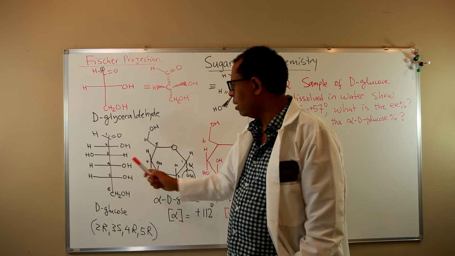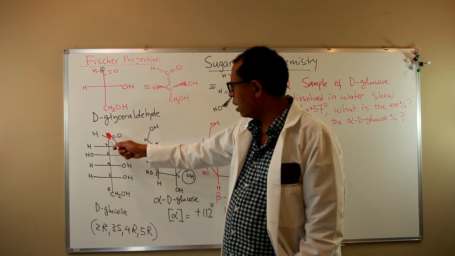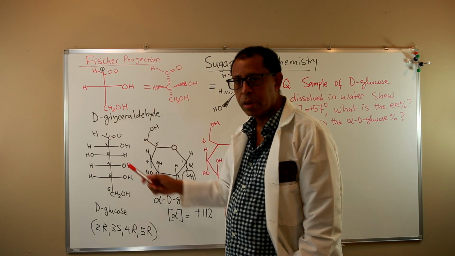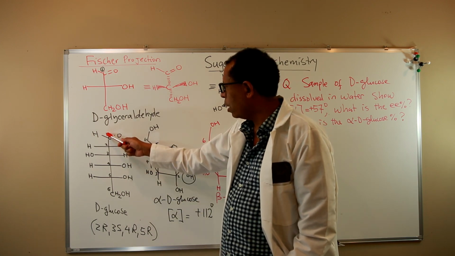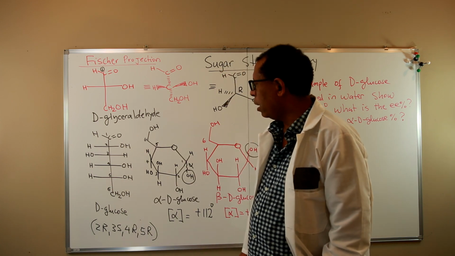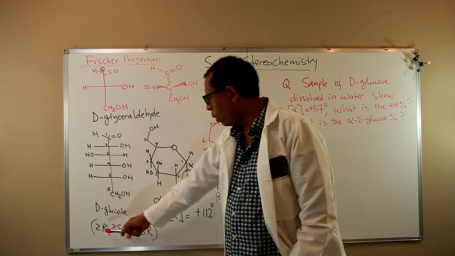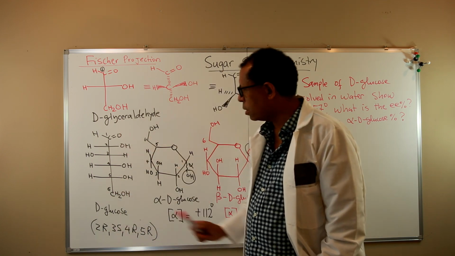So that's the D configuration. The naming starts from carbon 1, 2, 3, 4, 5, 6, and carbons 2, 3, 4, 5 are all stereogenic centers.